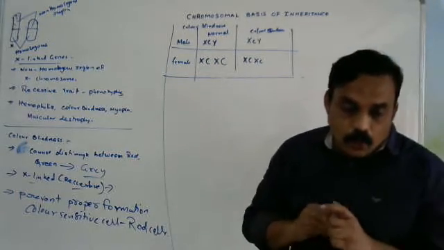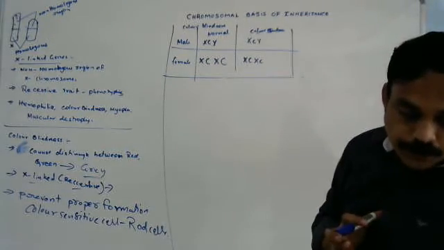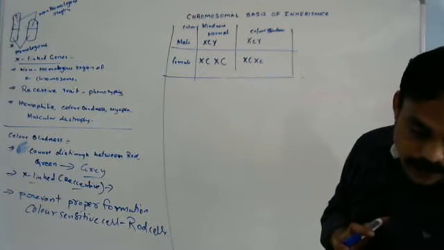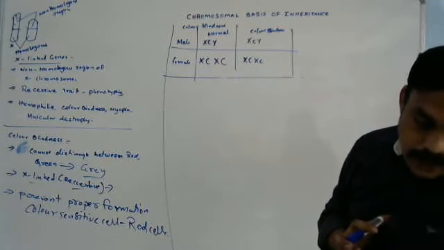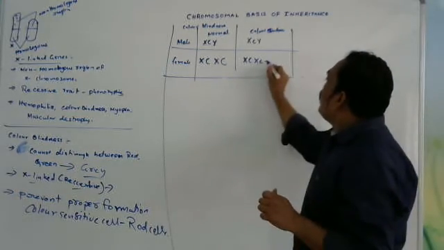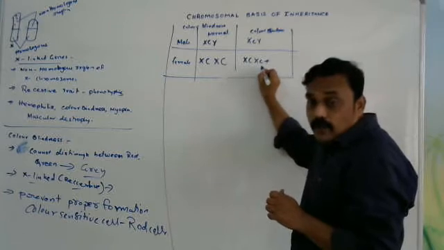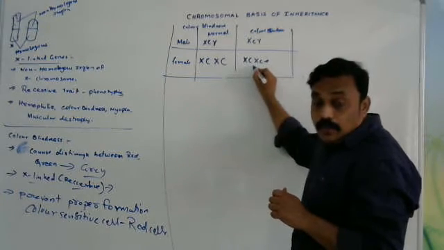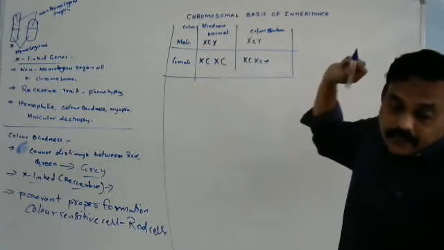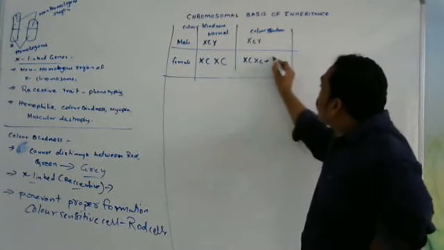In this woman, she is a carrier also. One capital C, one small c means she is not affected. She is a carrier.